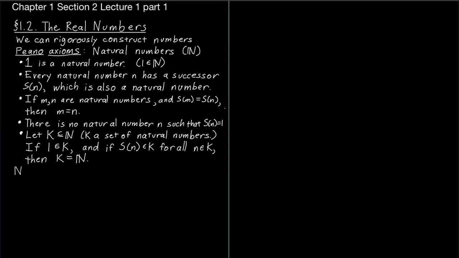You can throw in a little bit of notation. The successor of 1, we're going to name that 2. The successor of 2, we're going to name that 3, and so on.